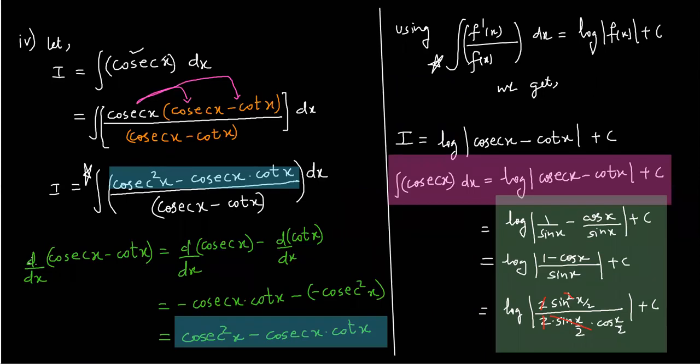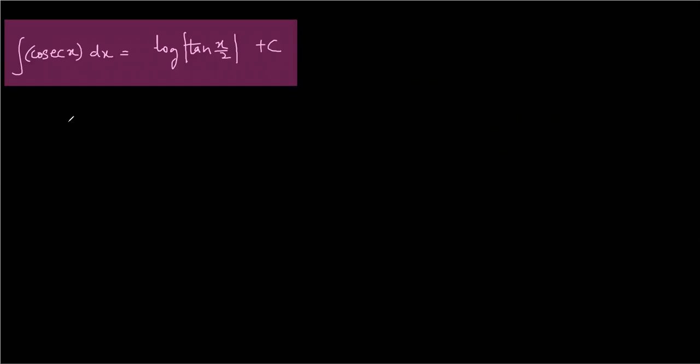So this is what we did today. So let us write these integrations of four standard functions once again at one place. So integration of tan of x dx is equal to log of mod of sec x plus c.